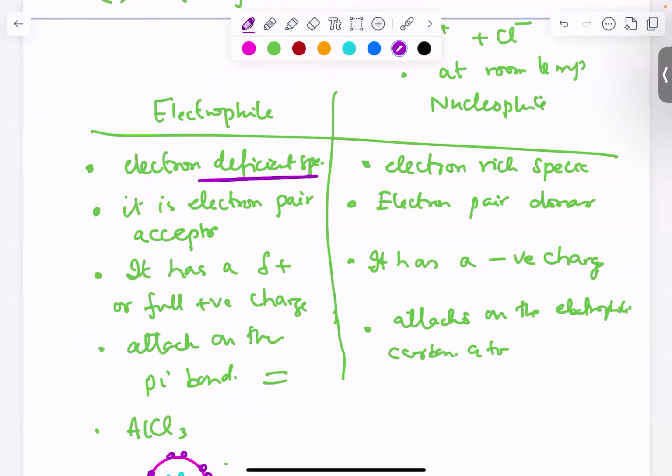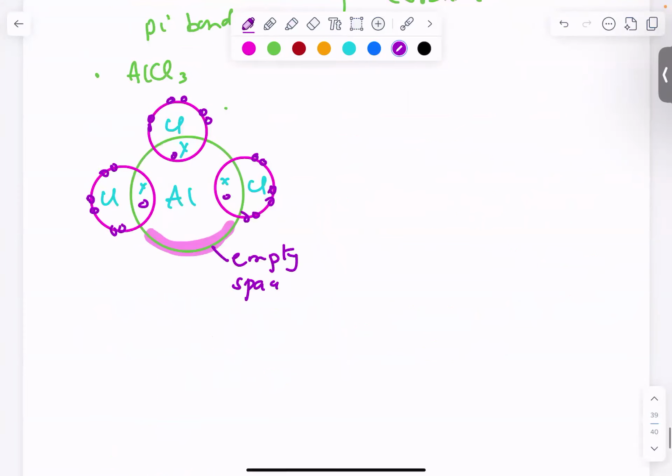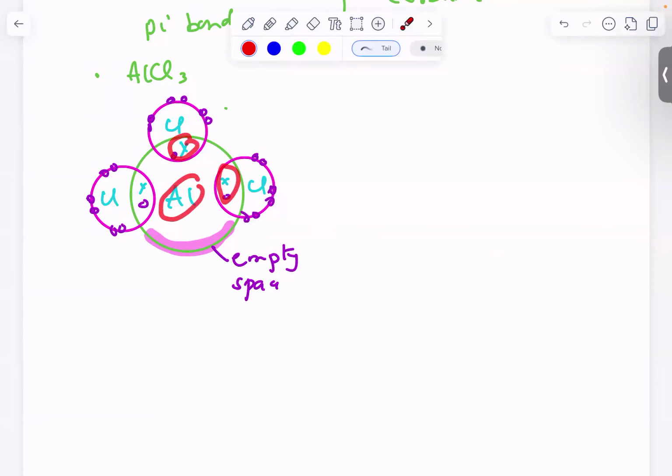An electron deficient species. Now check how many electron pairs are there around the central atom, which is aluminium: two, four, six. And you know that the octet can be completed. So if this reacts with chloride ion, now be very careful.